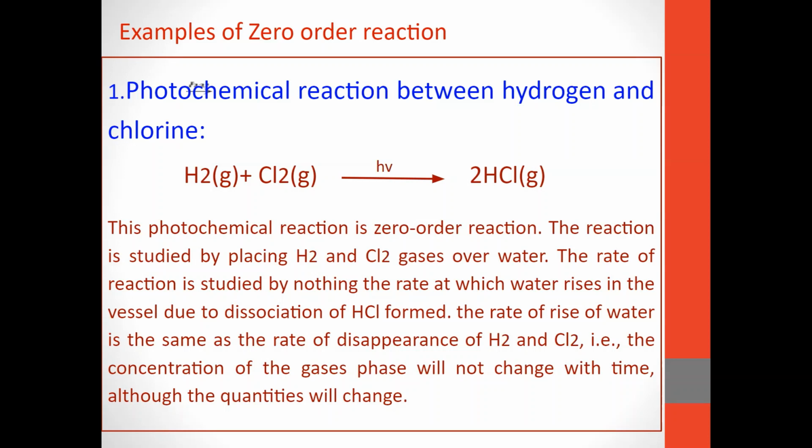The rate of the reaction is studied by noting the rate at which water rises in the vessel due to dissolution of the HCl formed. The rate of rise of water is the same as the rate of disappearance of H2 and Cl2. That is, the concentration of the gaseous phase will not change with time, although the quantities will change. So this is an example of a zero order reaction.